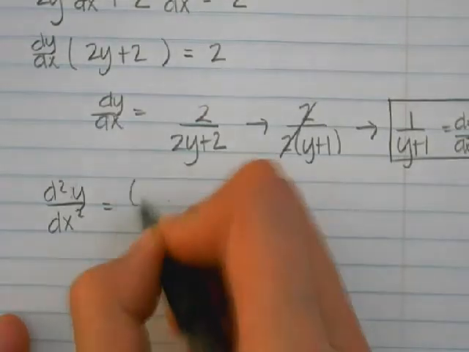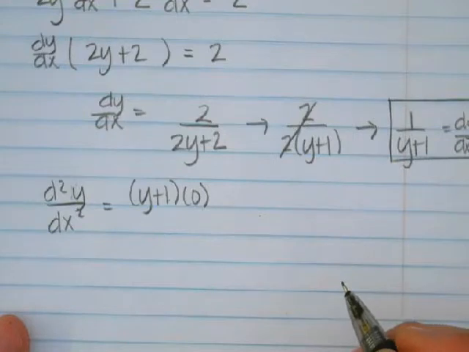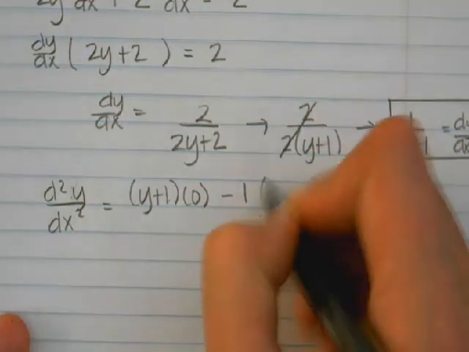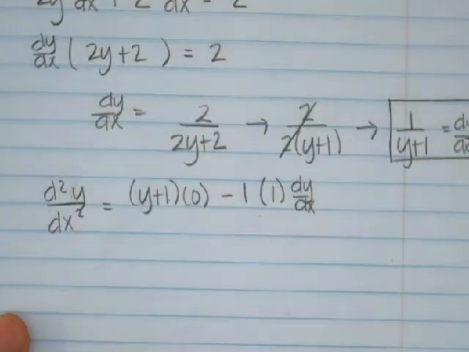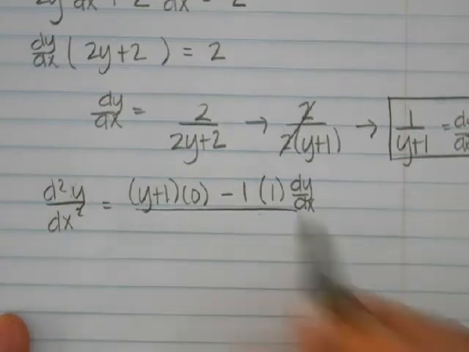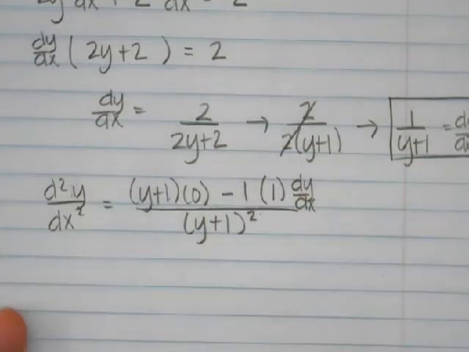So the bottom times the derivative of the top minus the top times the derivative of the bottom divided by the bottom squared, and then what do you see?